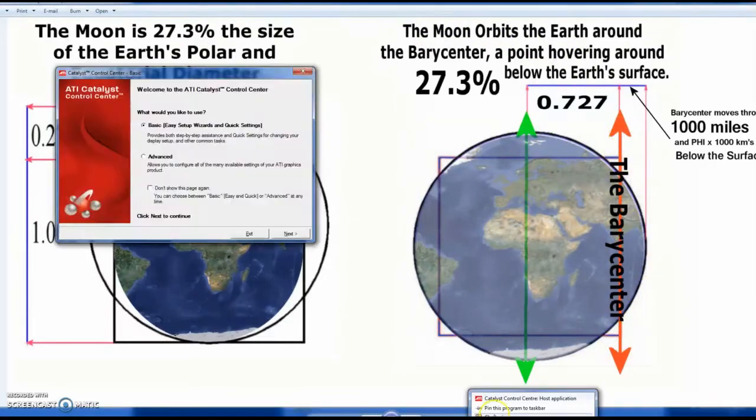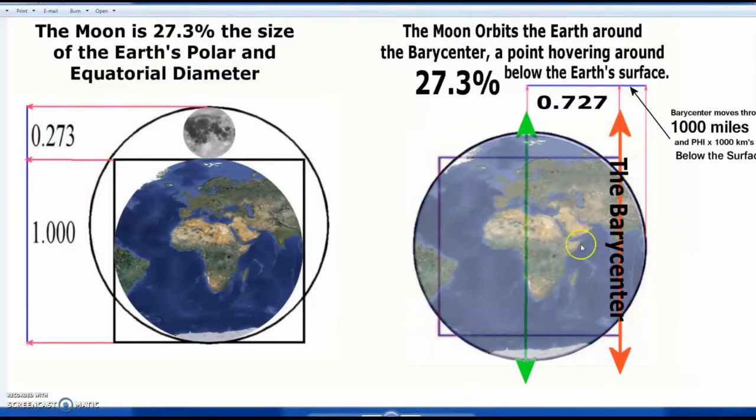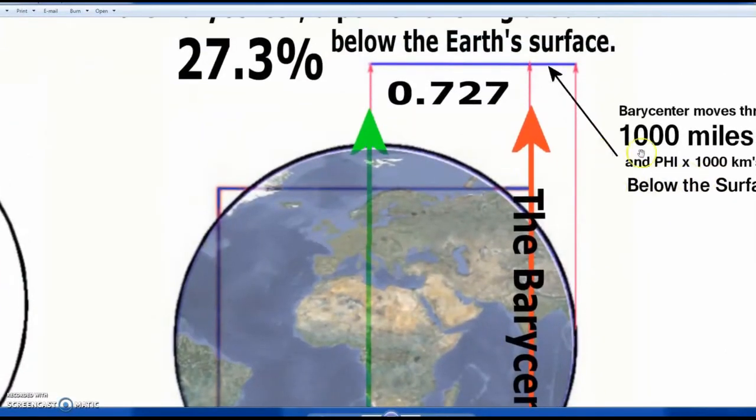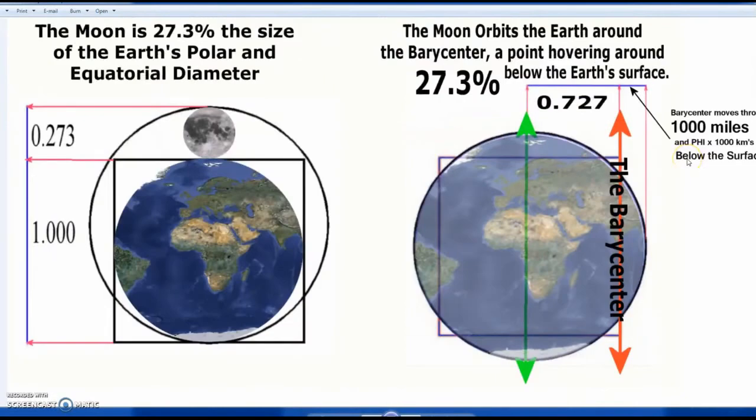Now, the Moon does not orbit the center, the core of the Earth, because it has its mass as well. They're in a ballet, and that ballet puts the orbit of the Earth around the Barycenter, 27.3% below the Earth's surface.